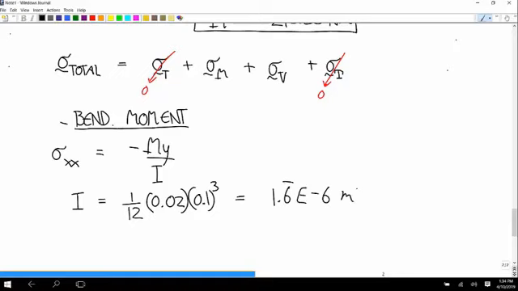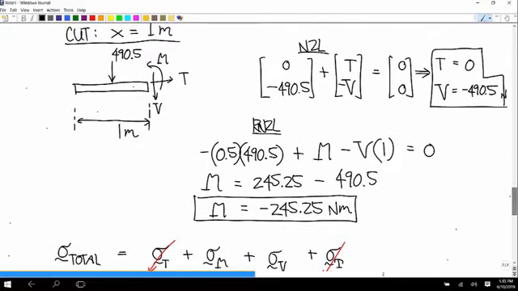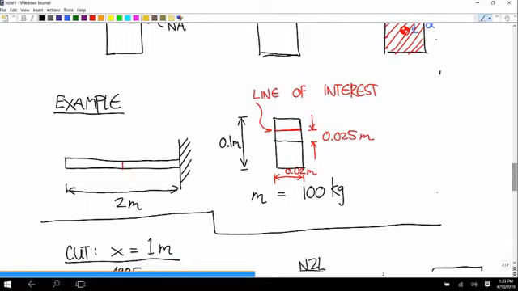Okay, and that's meters to the fourth. The y that we're interested in: y equals 0 is at the neutral axis, so y is positive 0.025.